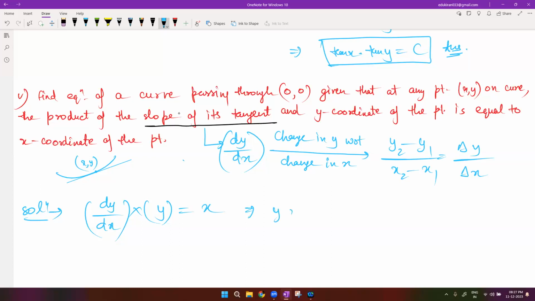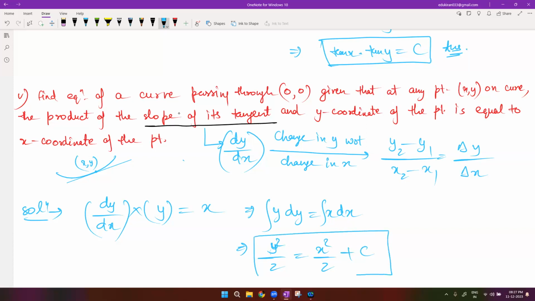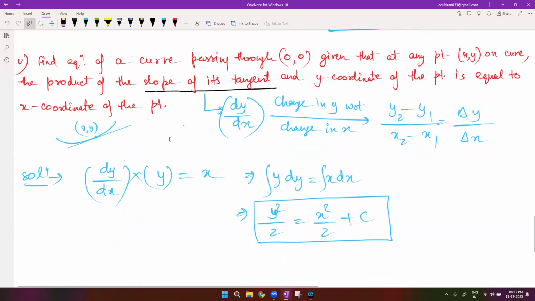This is not a very tough question. Integrating both sides, this will be y square by 2 equals x square by 2 plus c. This is the general solution of the given differential equation.